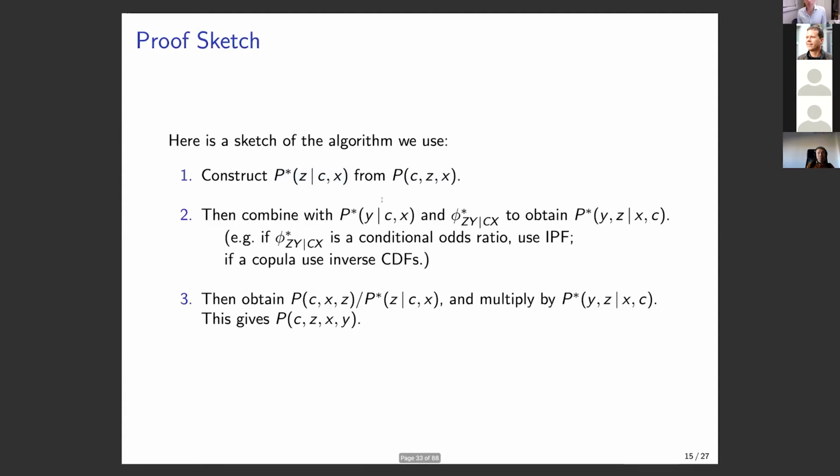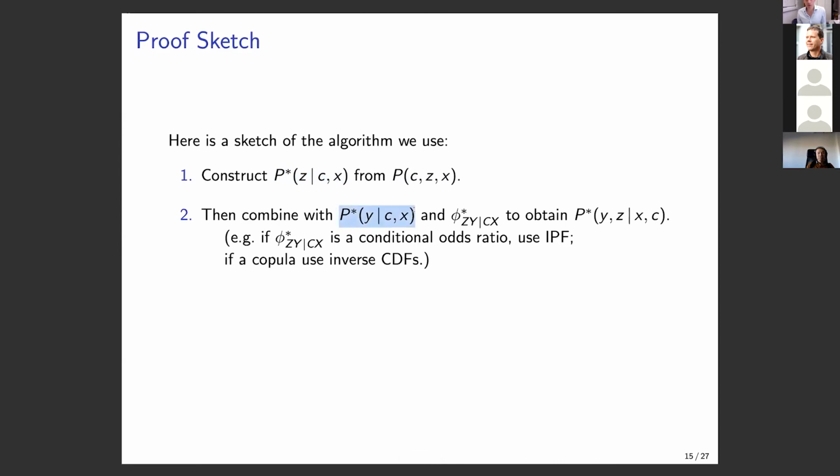Then we combine the piece that we're interested in and this marginal that we've constructed with the dependence measure, and we get from that, by whatever method is appropriate, the joint distribution of Y and Z, given the treatments and the covariates, under the causal models. That's why there's a star on this.